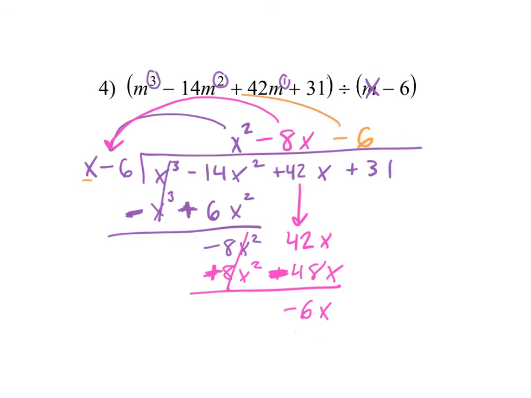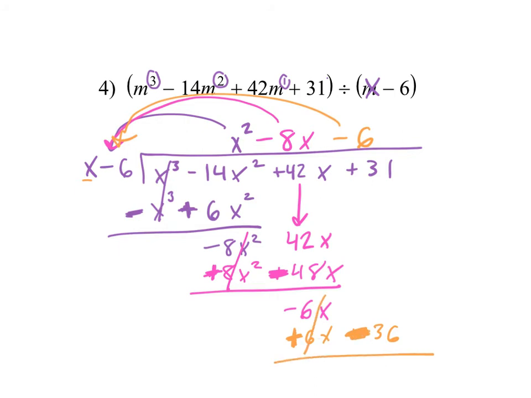Multiply by everything outside. So it's negative 6 times x. Negative 6x. And then what's negative 6 times negative 6? Positive 36. What do we do next? Got to change the signs first, and then they cancel out.